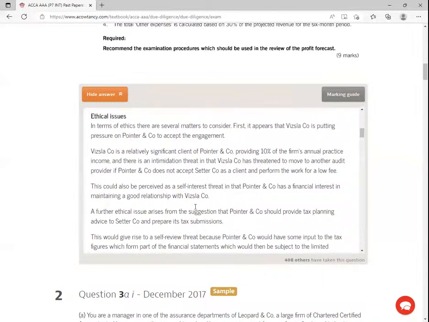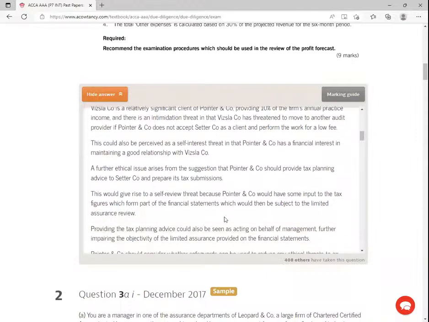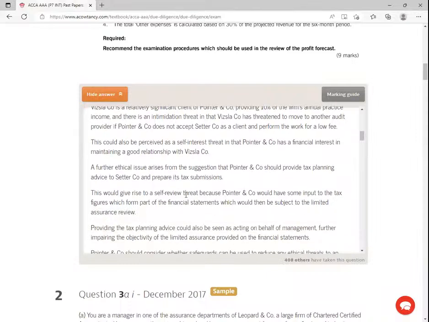A further ethical issue arises from the suggestion that Pointer and Company should provide tax planning advice to Sasa Company and prepare its tax submissions. This would give rise to what we call self-review. Listen to me very well, my good students.